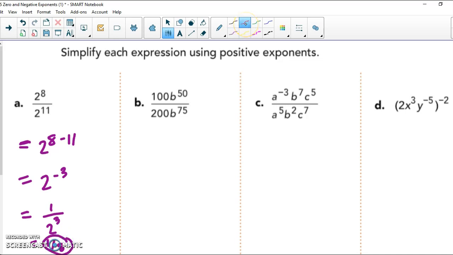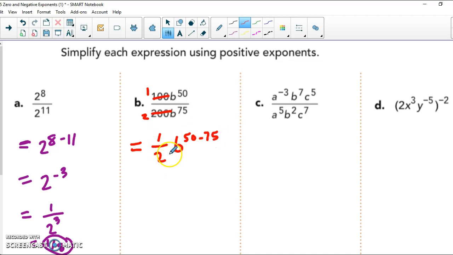Let's check out letter B. 100b to the 50th divided by 200b to the 75th. So as I simplify, I know that 100 and 200 can both divide by 100. So my denominator would simplify to 2, my numerator would simplify to 1. And now I have the same base, and I'm going to subtract the exponents.